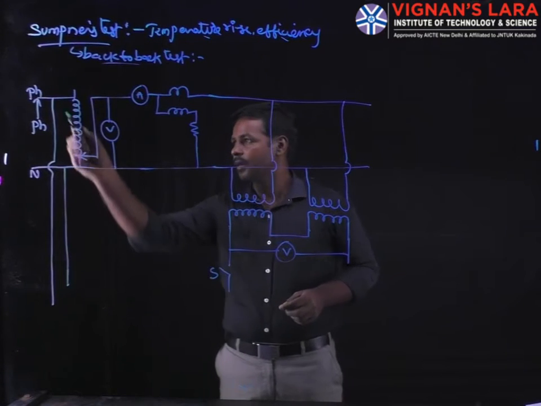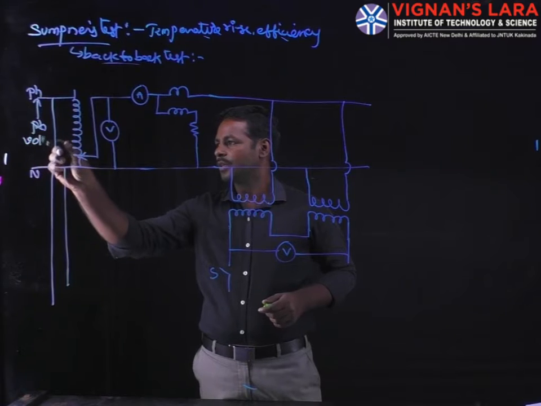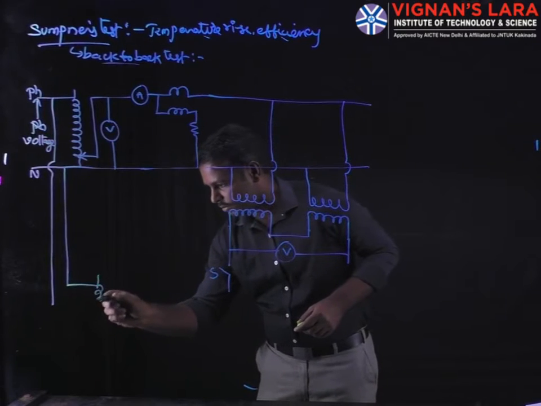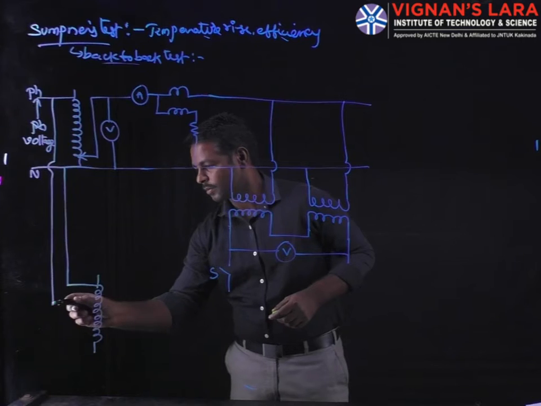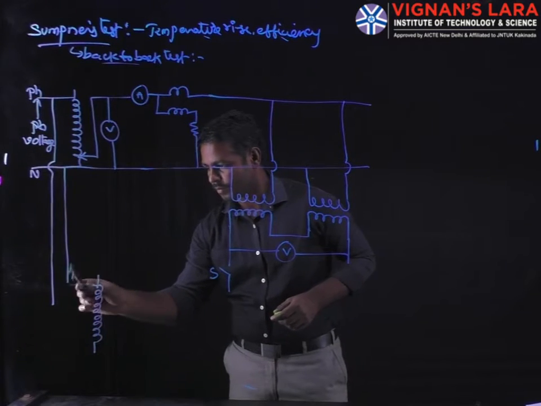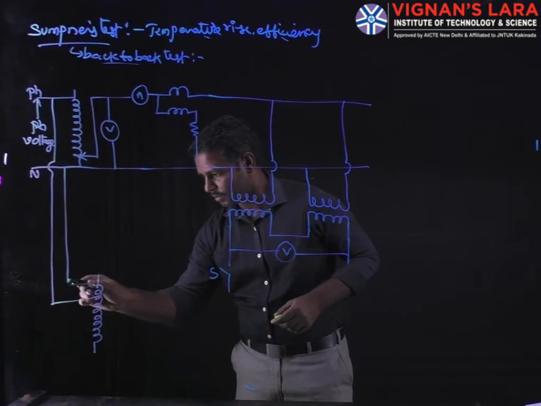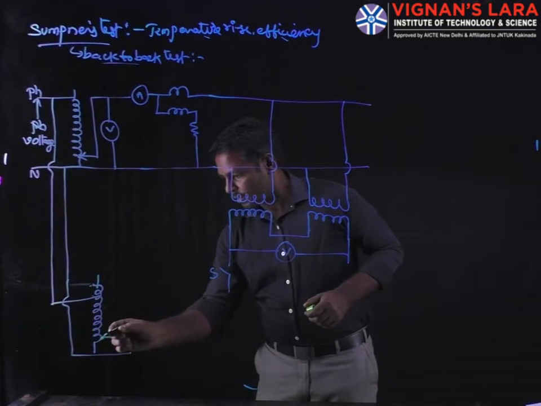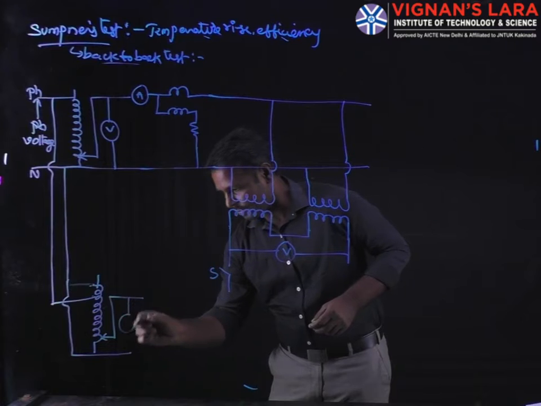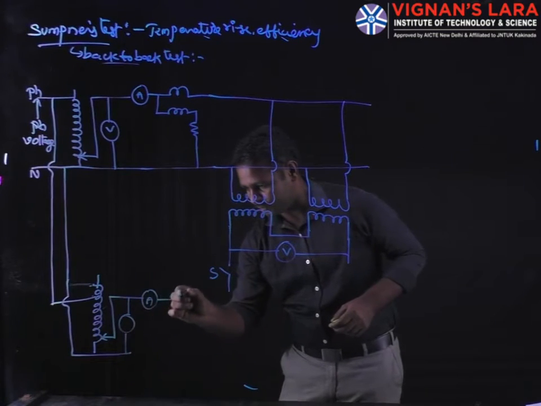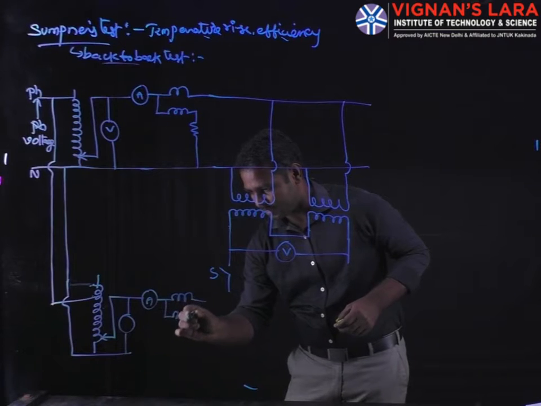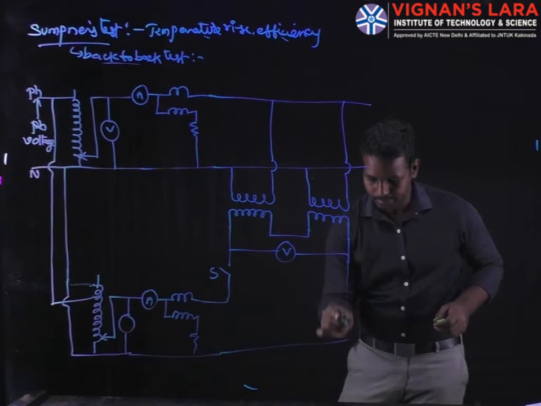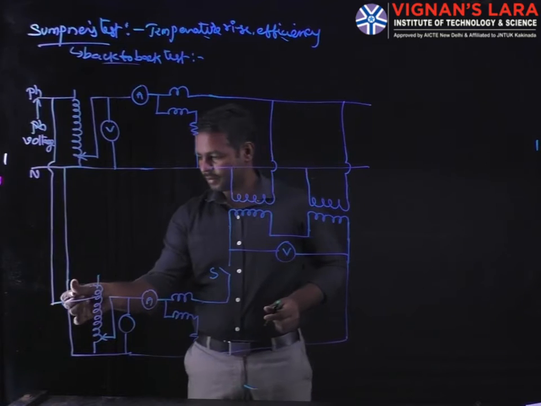These are the supply terminals, which is AC voltage, connected across the voltmeter, ammeter and finally the wattmeter, directly connected.